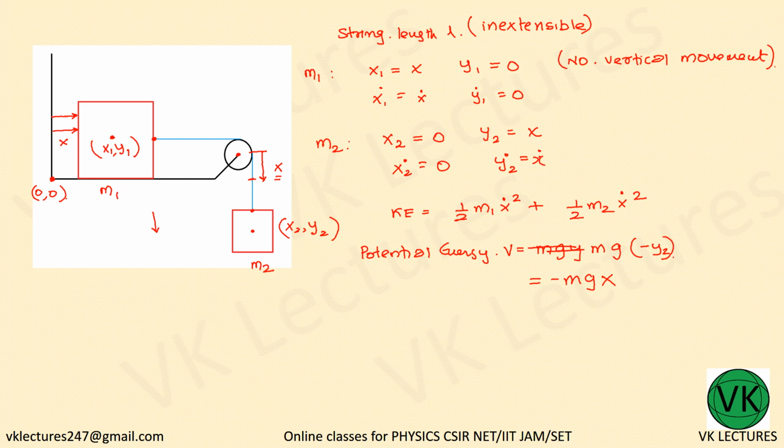So this is V. Now the Lagrangian is equal to T minus V, which gives us half (m1 plus m2) times x dot squared plus mg x.